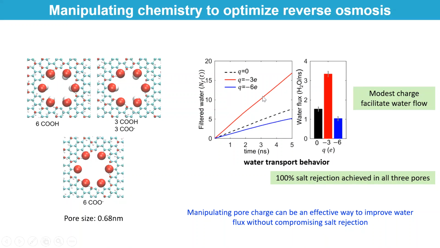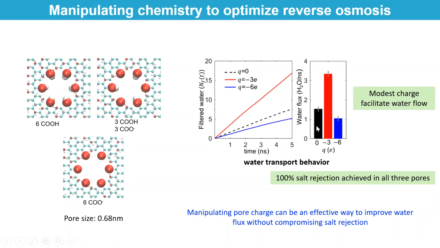But when we increase this to -3 electrons, where the pore is half deprotonated, we see that the slope of this curve gets a lot larger. However, if we get to -6 electrons, the flux gets smaller again.